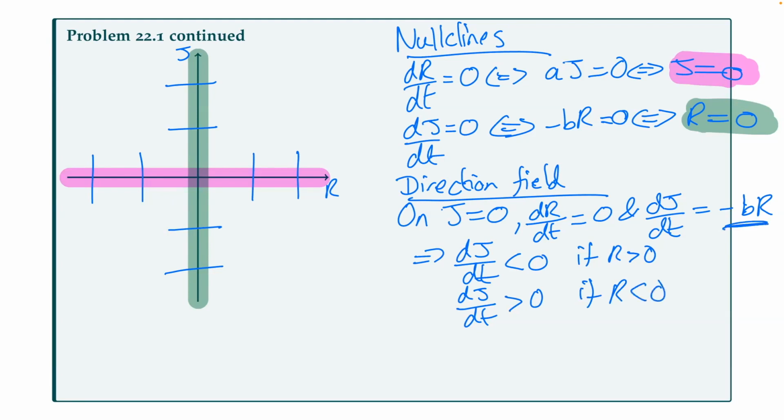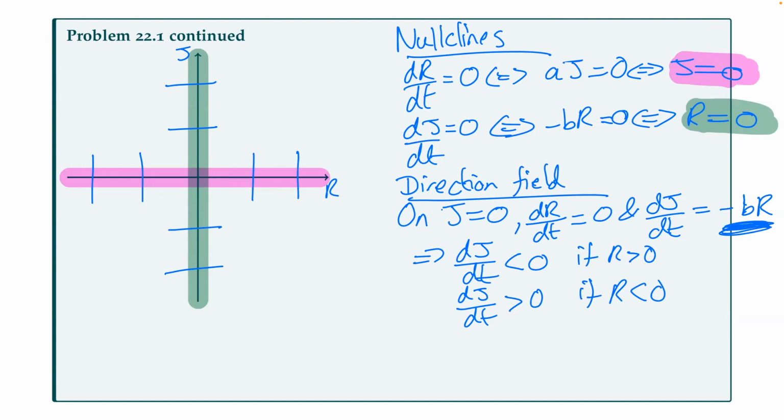All I'm interested in here is the sign of my dj dt depending on the sign of whatever is on the right-hand side. So I'm interested in how dj dt varies as the sign of r changes.